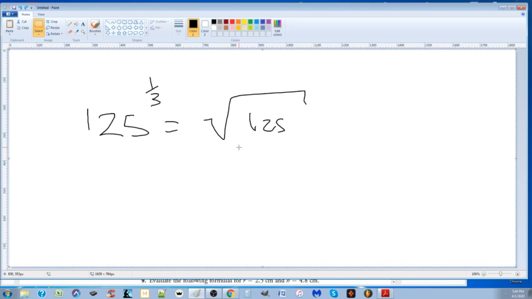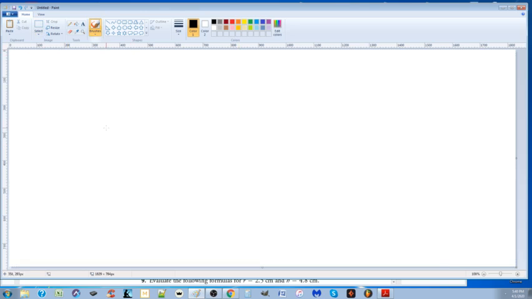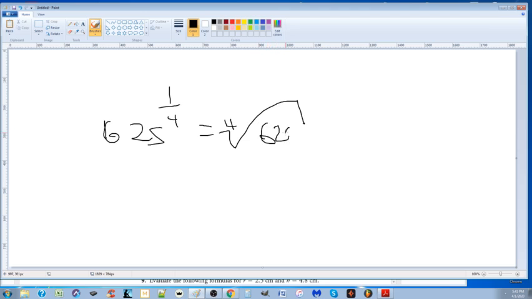But the essential rule is, if I have a number and I have a fraction over it, let's take a different number, 625, and I have a fraction over it that's a quarter, it's the same as saying what's the cube root, not cube root, quarter root, which would be quad root, I forget what the term is, of 625. By the way, so it's what number times itself 4 times will equal 625.